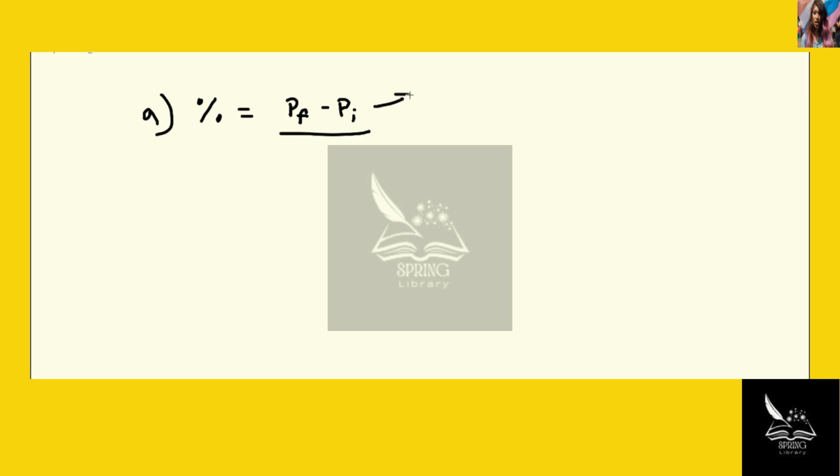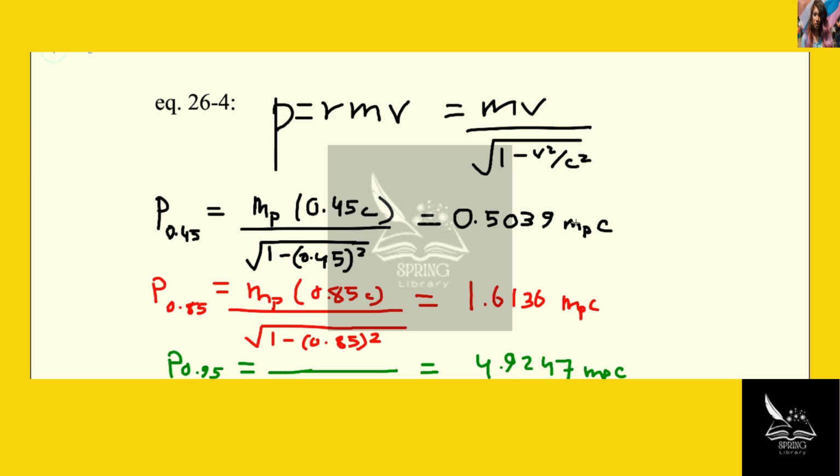So this is the change in momentum over the initial value, because you're computing the change with respect to the initial value, times 100, because we want it in a percent, right? And so from here, we have everything in units of mp times c, so that's great.